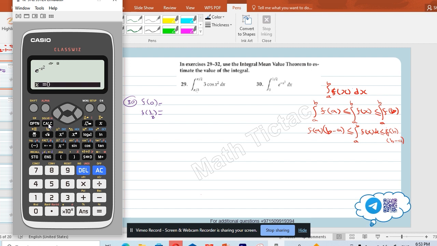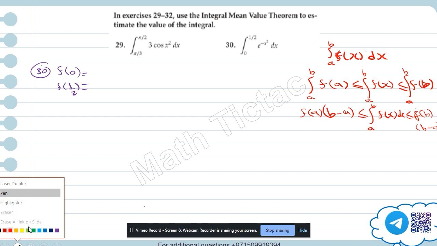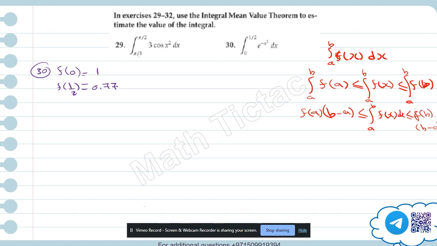What about 0.5, which is 1 over 2? This is 0.778. So f of 0 is 1 and f of 1 over 2 is 0.778. Obviously 1 is greater than 0.778, so the lower value goes on the left and the highest value on the right.